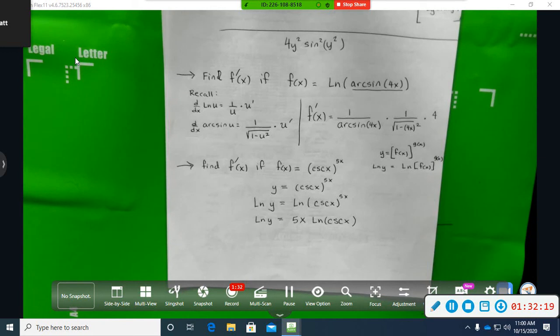Negative cosecant of x cotangent of x. Don't forget the product rule on the right-hand side. Oh, I'm doing too much of this stuff.